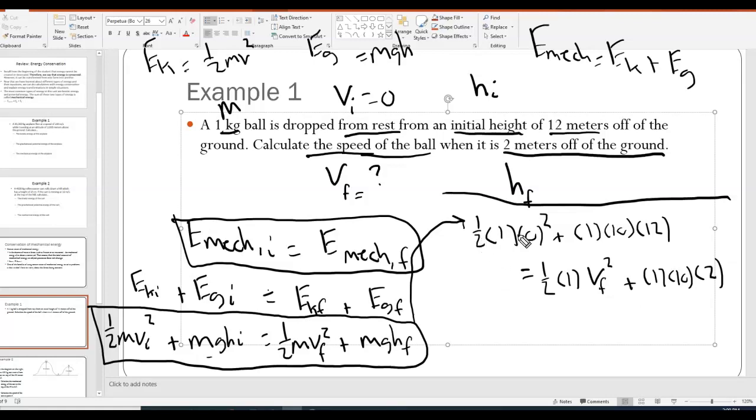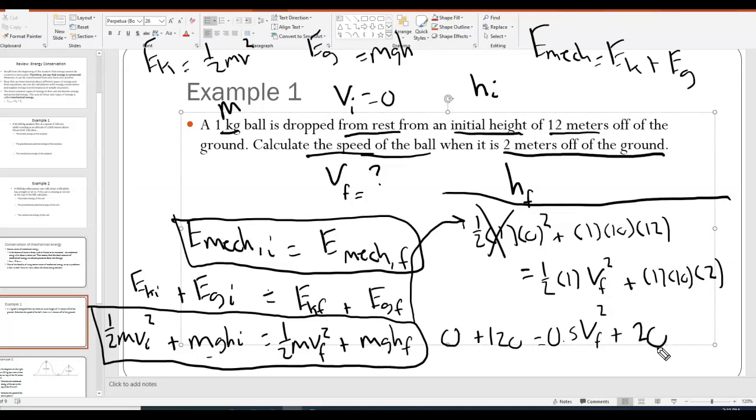It looks way worse than it is because I can actually simplify a lot of this. First of all, 1/2 times 1 times 0 squared, that whole thing is going to be 0, because when I multiply by 0, this whole thing is going to be gone. So I have 0 plus 1 times 10 times 12, that's 120, equals 1/2 times 1, that's 0.5, v final squared, I still have to leave that in there because it's unknown, plus 1 times 10 times 2, which is 20.